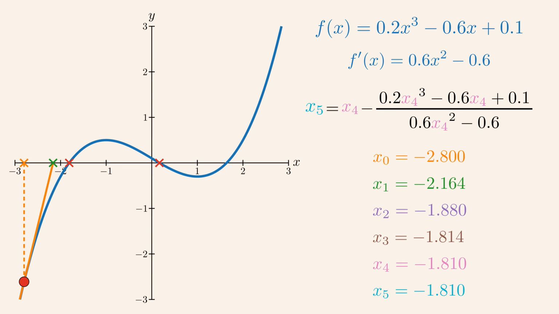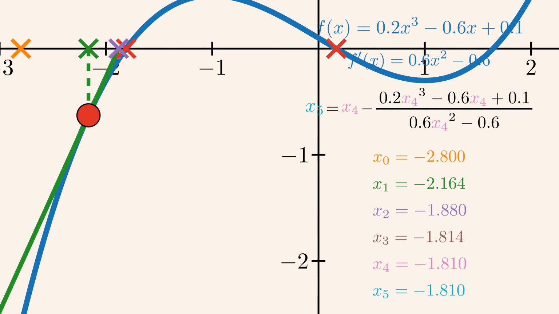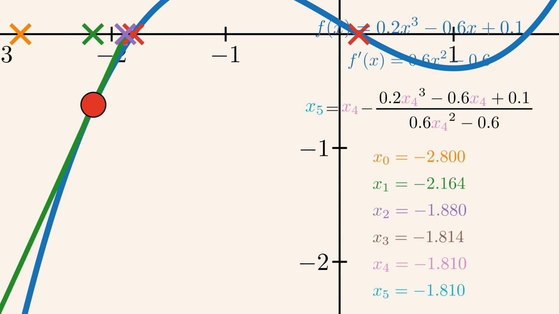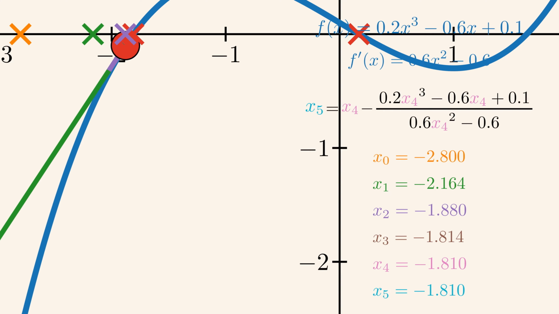And it looks like x4 and x5 do match. Now that we have the numerical values, let's run the graph visualization for each subsequent iteration so we can see exactly what is happening. At each step, we draw a cross at the x value we have found.